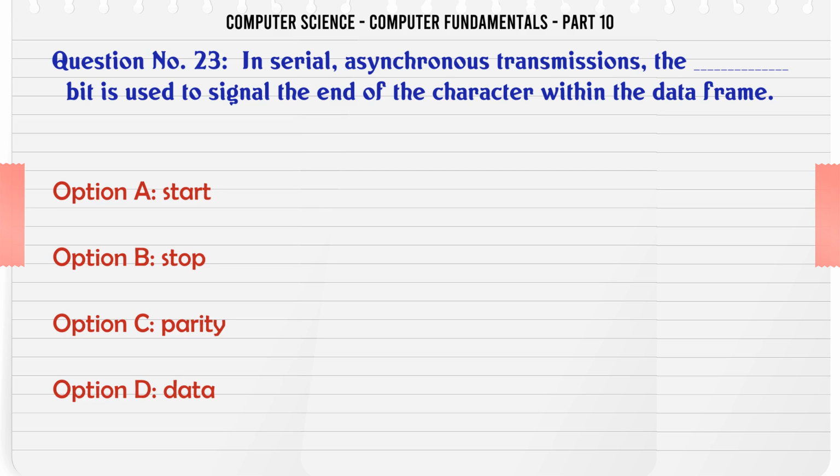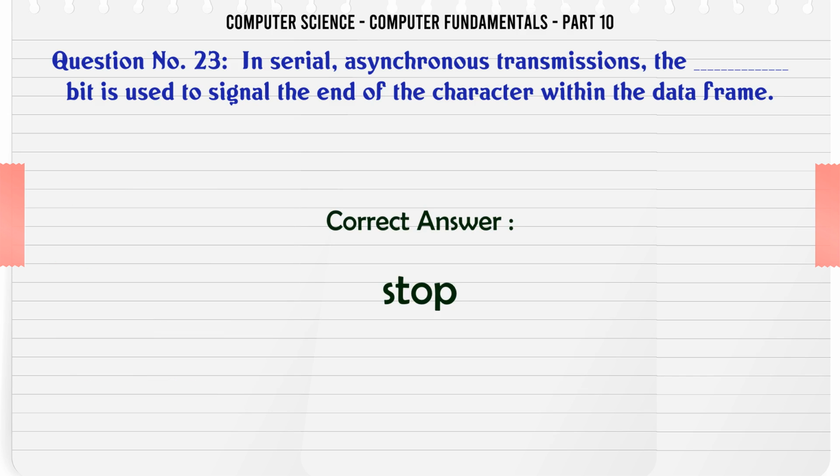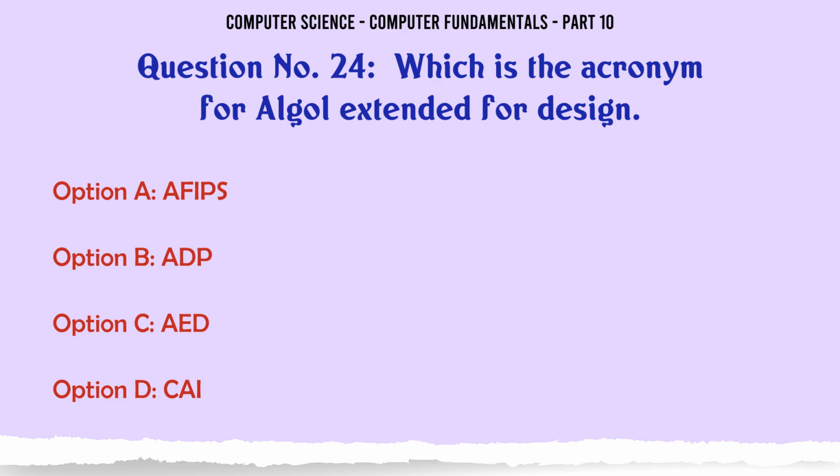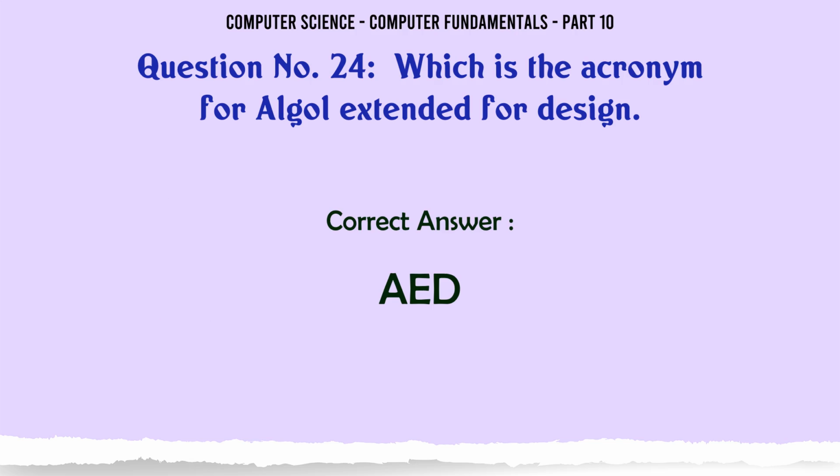A. Start. B. Stop. C. Parity. D. Data. The correct answer is stop. Which is the acronym for Algol extended for design? A. FX. B. ADP. C. AED. D. CAI. The correct answer is AED.